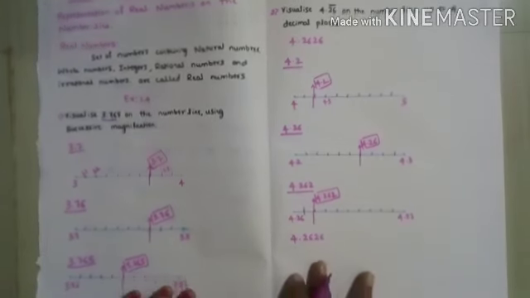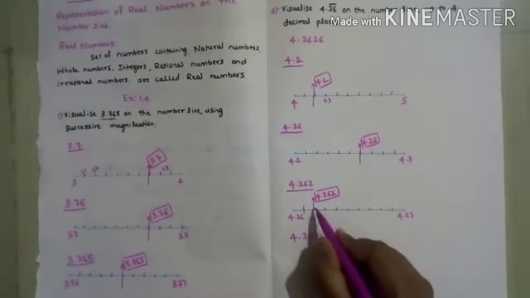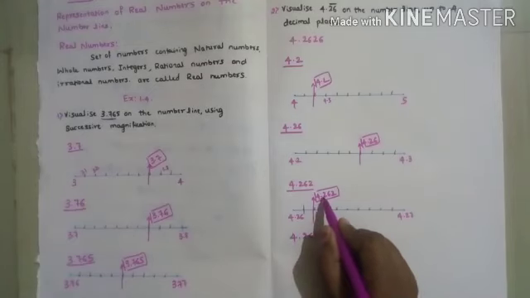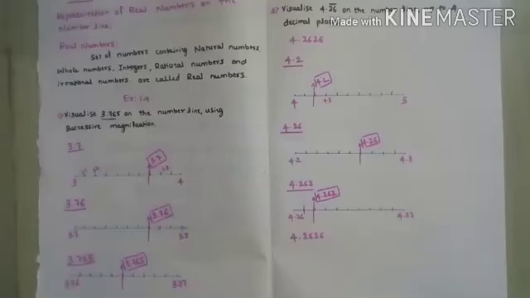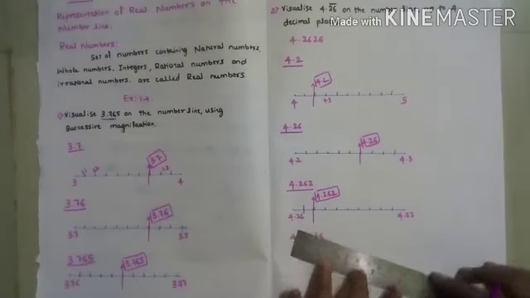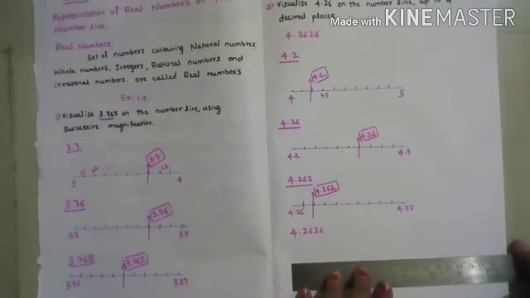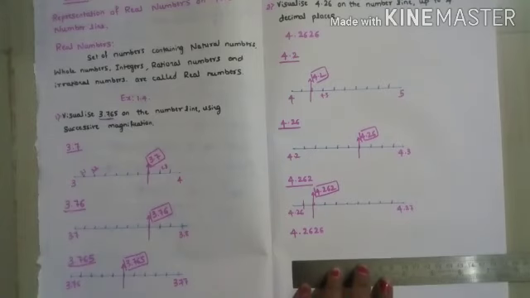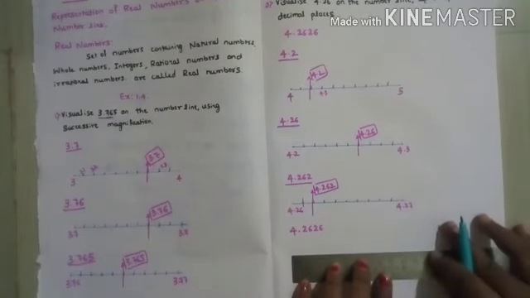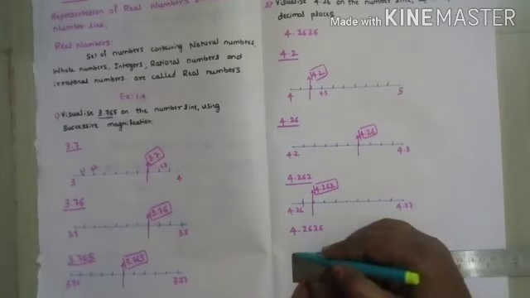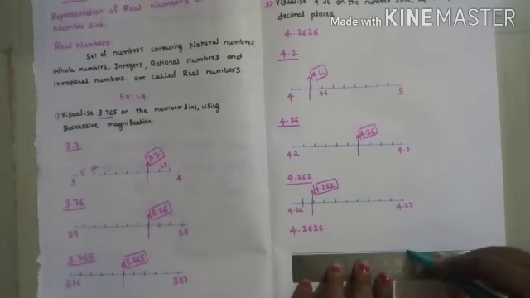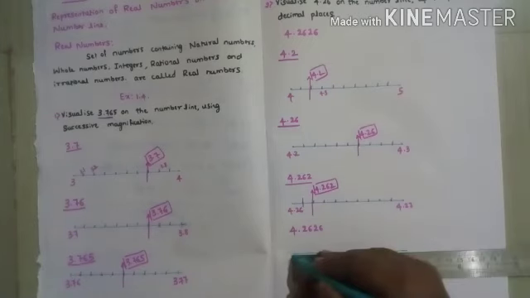That is 4.2626. Now we want to take the starting point as 4.262 to 4.263. Again I will draw the line, a 10 centimeter line, here only.